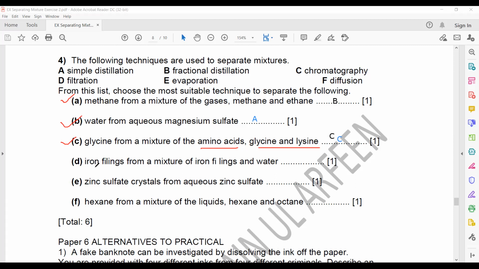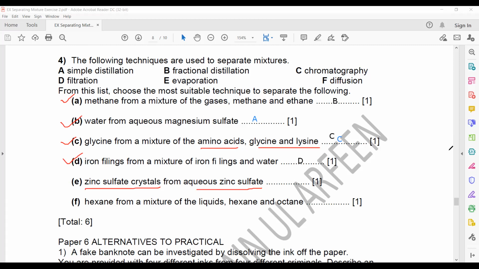Iron filings are insoluble in water, they do not mix in water. So if you want to separate the solid from the mixture, you can use filtration.